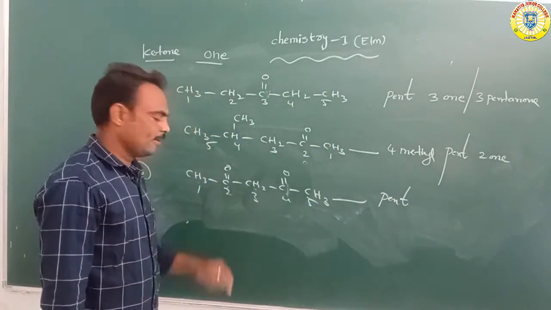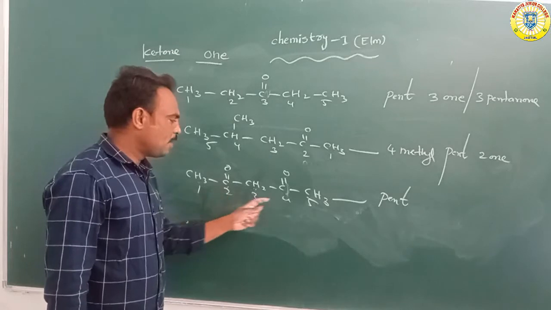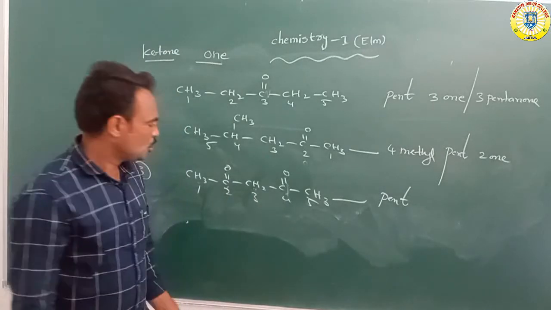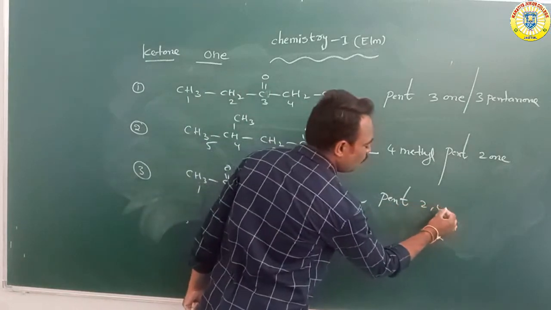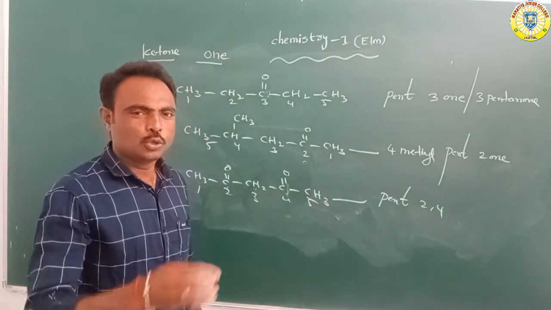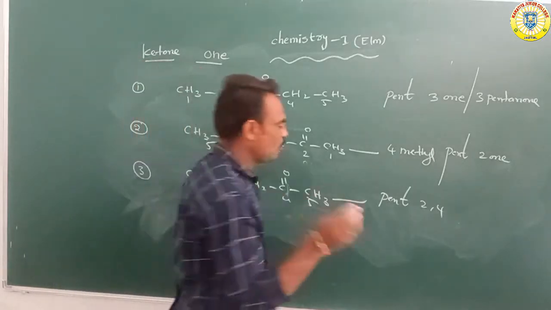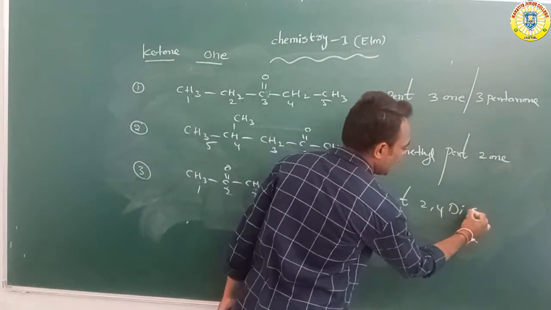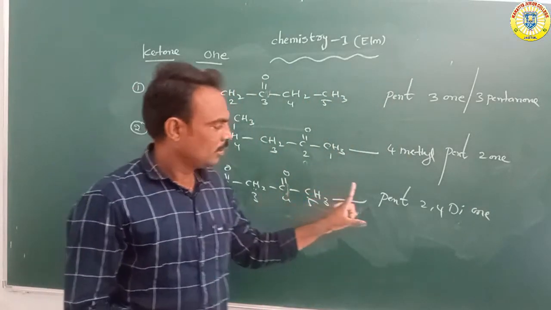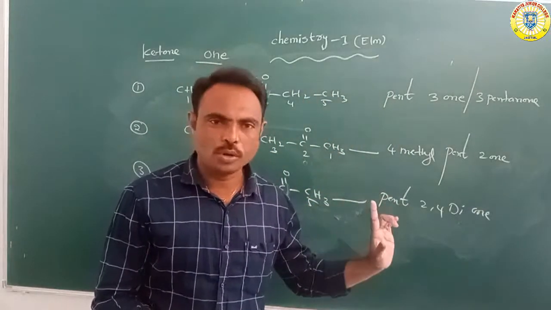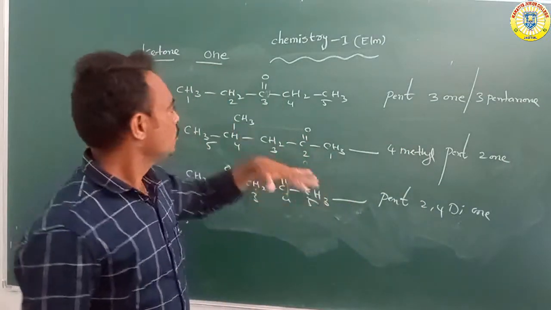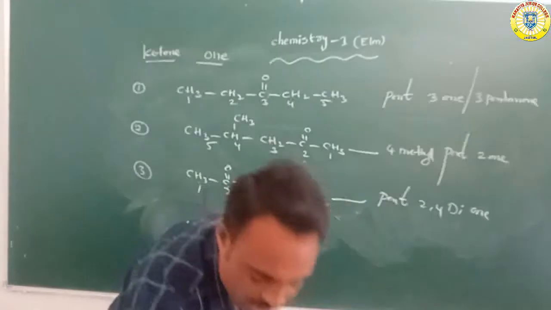Next, the second and fourth carbons are attached with the ketone group, so 2,4. For 2 groups we write "di" and then "one". So pent-2,4-dione. Okay, so that is the ketone functional group.